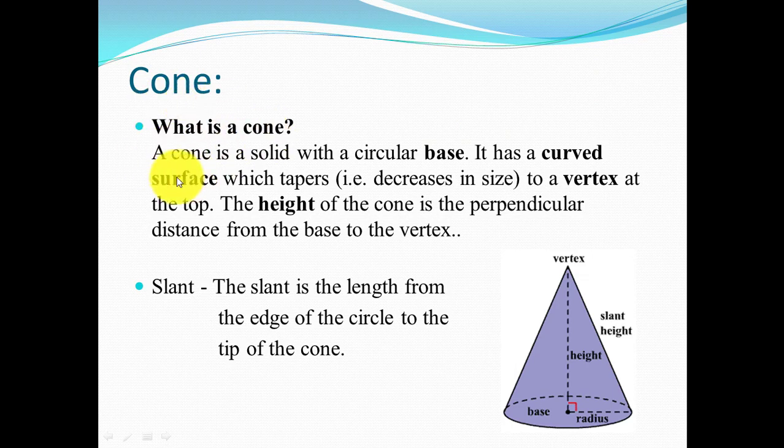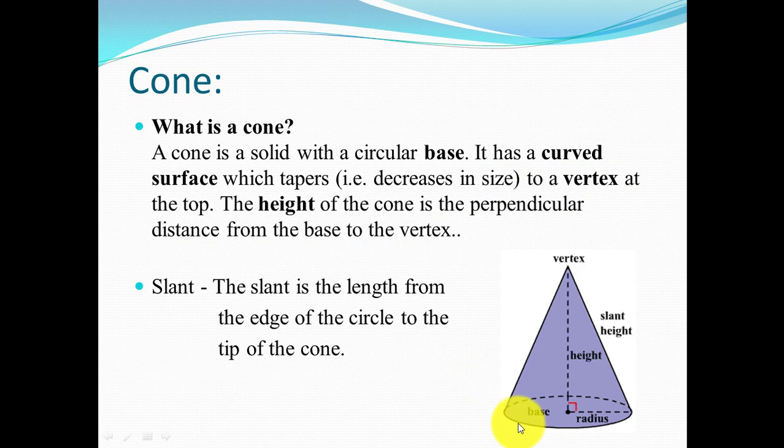What is a cone? A cone is a solid with a circular base. From the diagram it is clear that this is the base and it is circular. It has a curved surface which tapers, that is, decreases in size to a vertex at the top.